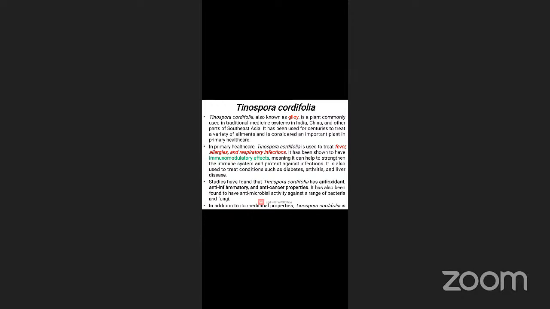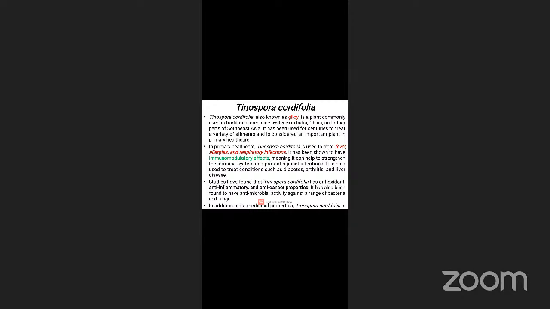It has been used for centuries to treat a variety of ailments and is considered an important plant in primary healthcare. In primary healthcare, Tinospora cordifolia is used to treat fever, allergies, and respiratory infections. It has been shown to have immunomodulatory effects, meaning it can help to strengthen the immune system and protect against infections.